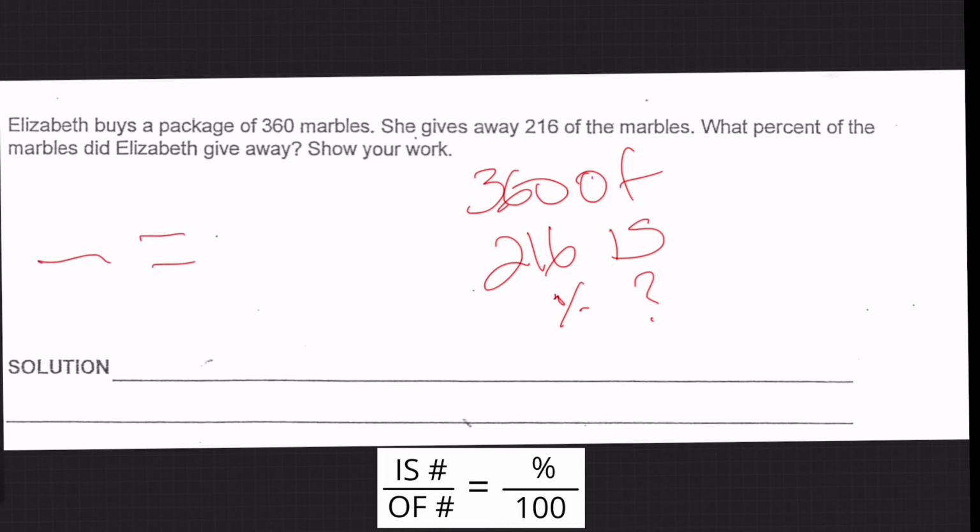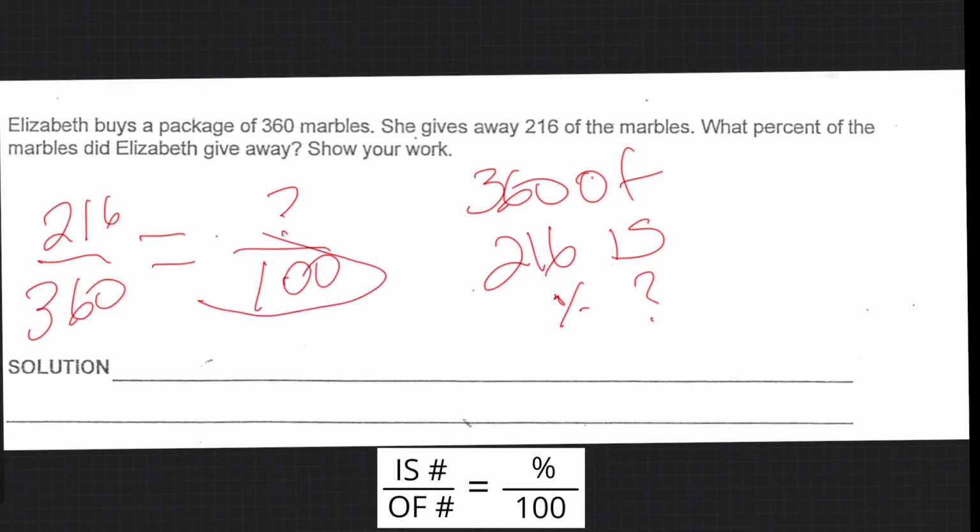Now we can set up our proportion. We've got the is number on top. We've got the of number on the bottom. We've got the percent on the right, which we don't know, right? That's what we're trying to figure out. And the percent is always over 100. When we look at this problem, we only have one way to cross multiply. That's 216 times 100, and 216 times 100 is 21,600.